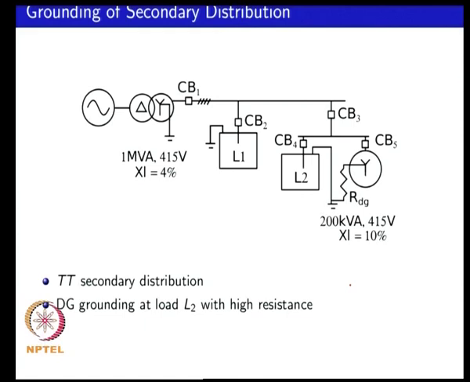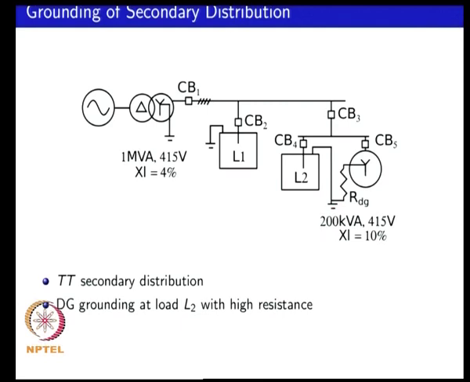So, if you ignore the DG for now, this is essentially a TT secondary distribution, where the source is grounded directly to earth, and each load has its own grounding electrode, and the ground wires of load 1 and load 2 are connected to earth.